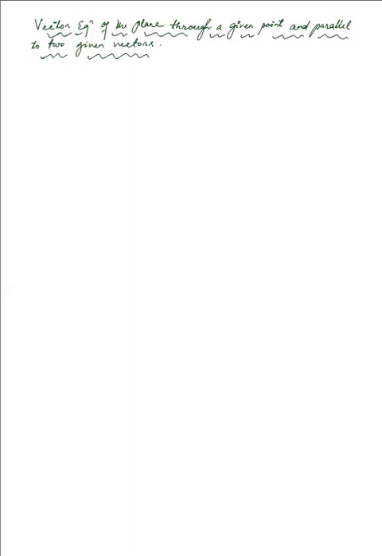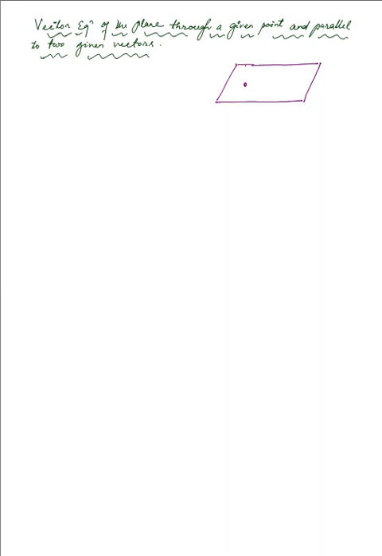Then next we obtain the vector equation of the plane through a given point and parallel to two given vectors. Now supposedly we consider a plane over here, and it is carrying a point.